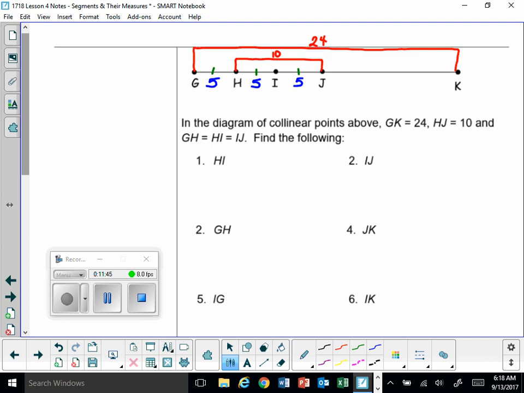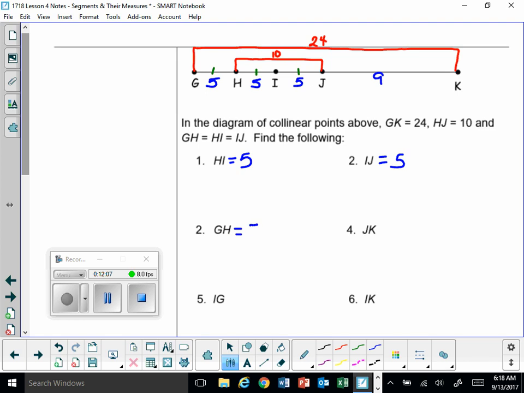Okay, now from G to J, I've accounted for 15 out of my whole, which is 24, so JK has to be 9. Now that I've completely labeled that diagram, let's fill in our answers here. The length of HI is 5. The length of IJ is 5.